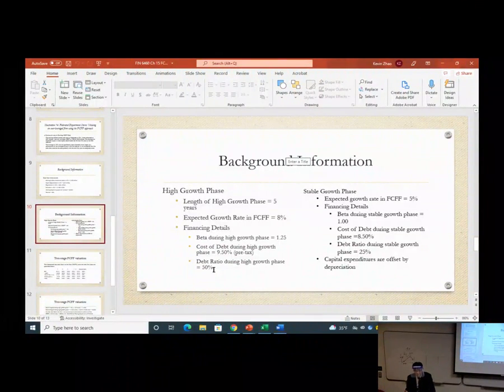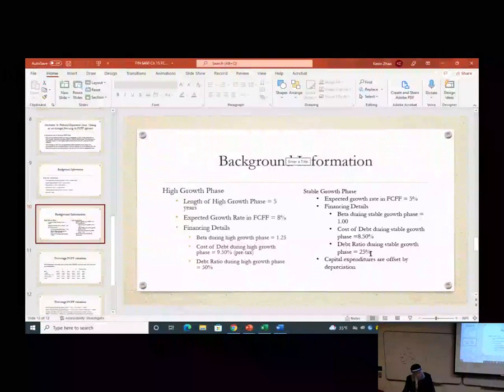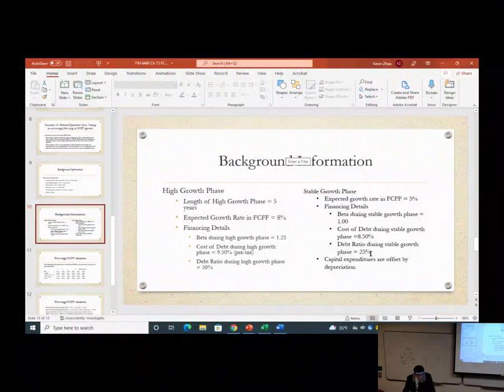I mean, the company had to invest, right? You have to borrow money, invest to generate growth. So we assume a higher debt ratio. But in the stable time period, that ratio should be lower because the company no longer needs that much debt to support a high amount of reinvestments. So for two different stages, we should have different assumptions on beta, cost of equity, the capital structure, and the cost of debt. That leads to different WACC.